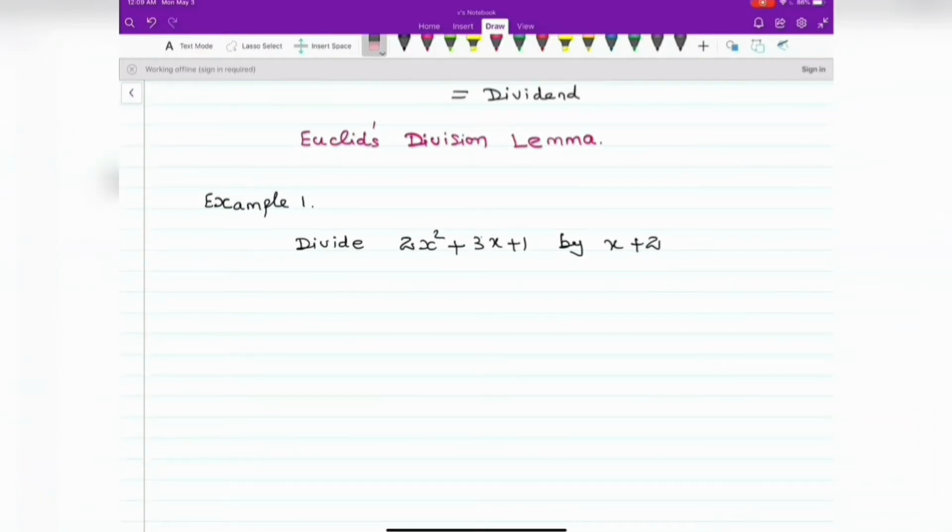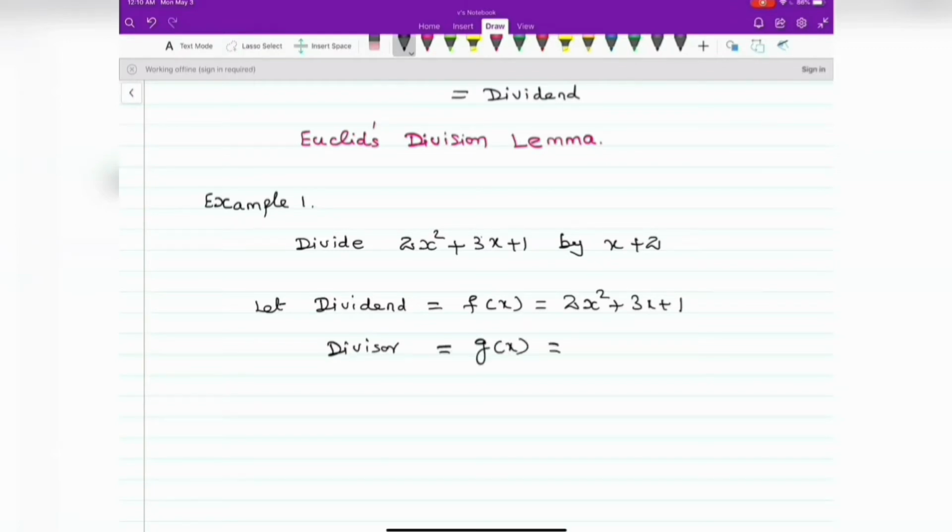Let us take, let dividend is equal to f of x is equal to 2x square plus 3x plus 1 and divisor, let me take it as g of x, which is equal to x plus 2.